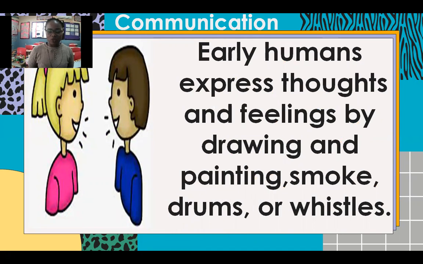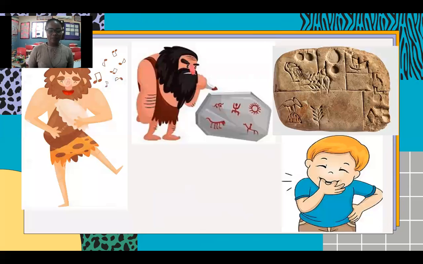Now, communication. Early humans expressed thoughts and feelings by drawing, painting, smoke, drums, or whistle. Now, these are the ways the early humans communicated.